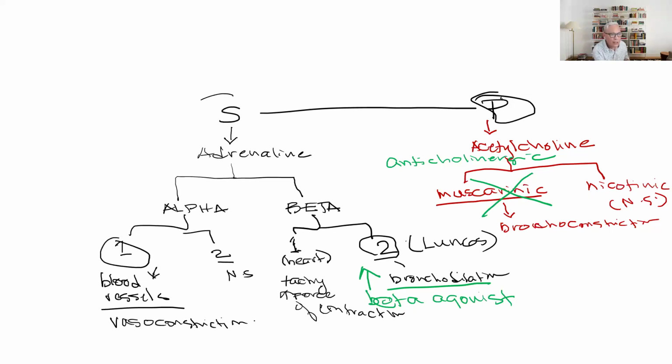Your anticholinergic agents, for example, would be your Atrovent, which is ipratropium, and they're easy to identify because they end with the suffix tropium, ipratropium. So that's Atrovent. And the other one is tiotropium, which is Spiriva.